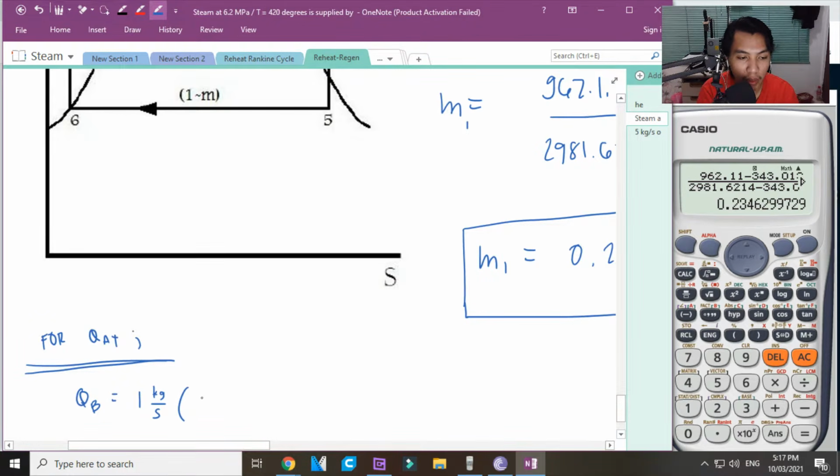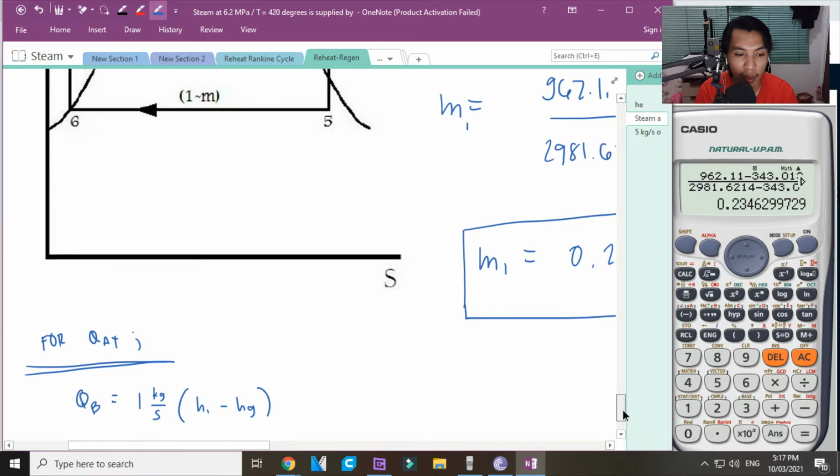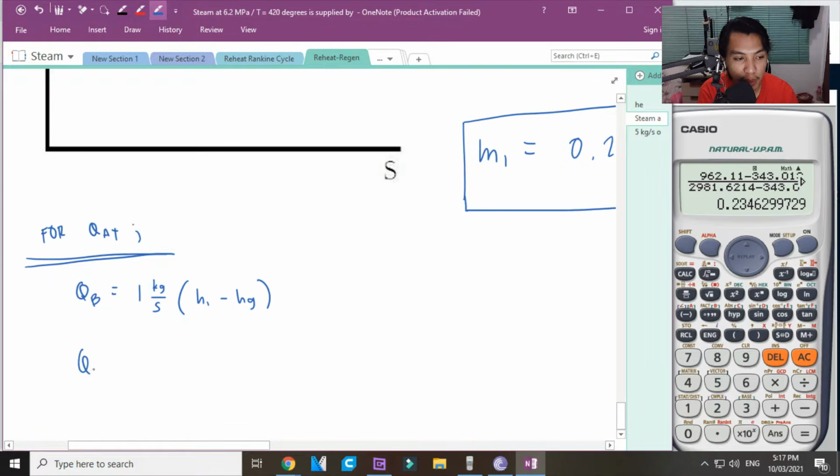Okay, hindi naman nagbago. H1 minus H9. Oh, yan. Tapos, yung sa RH, tignan mo ha. This is hindi H2 ang pumasok. Ang pumasok dyan is 3. Lumabas na 4. Yan, QRH. H3, anong pumasok na mas dyan? 1 minus M1. So, yung QRH mo, naintindihan ba natin?